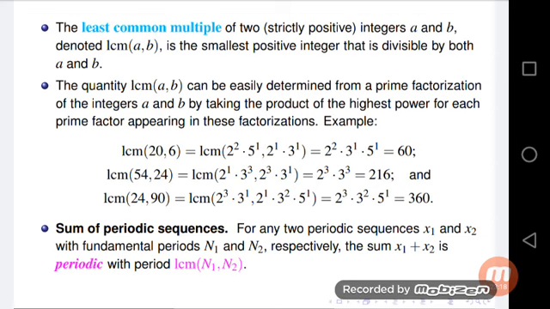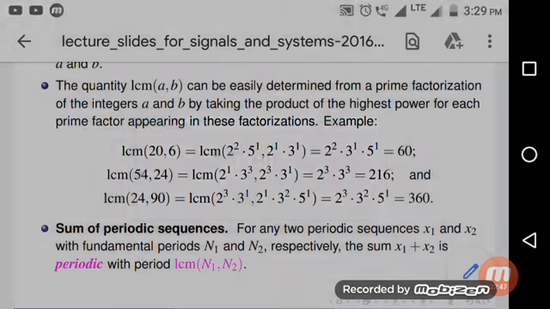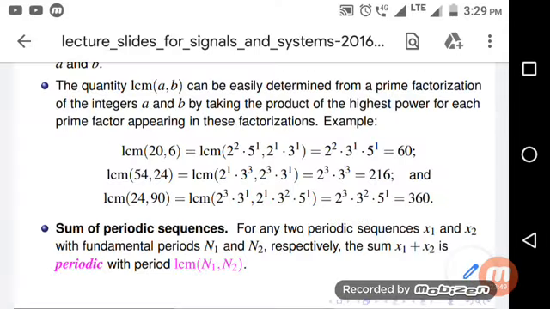For any two periodic sequences x1 and x2 with the fundamental periods n1 and n2 respectively, the sum of x1 and x2 is periodic with period LCM(n1, n2).